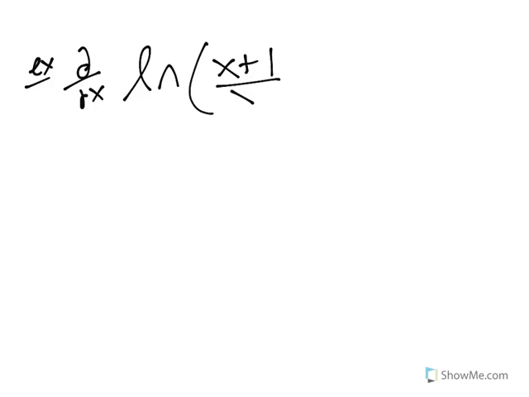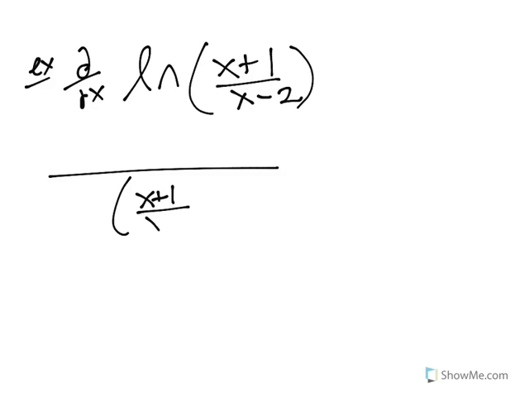One other thing that you need to know that will help in a lot of different places is if I give you an example that looks like this: derivative of natural log of x plus 1 over x minus 2. Notice that if I do the derivative like I'm supposed to, this is my denominator. And my numerator, in order to do the derivative of what's inside, needs the quotient rule.